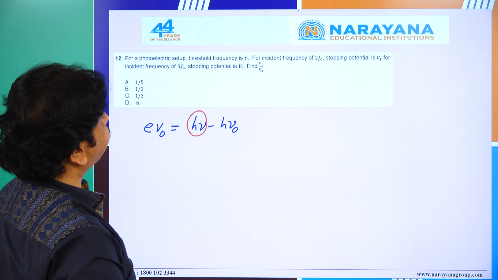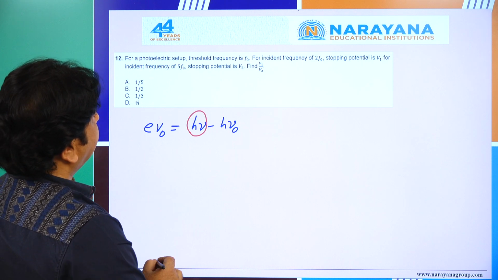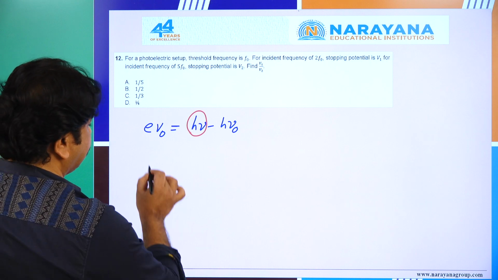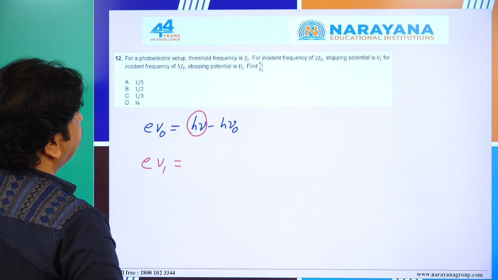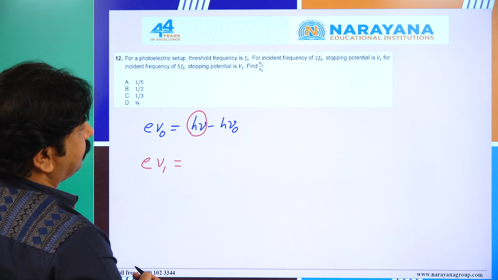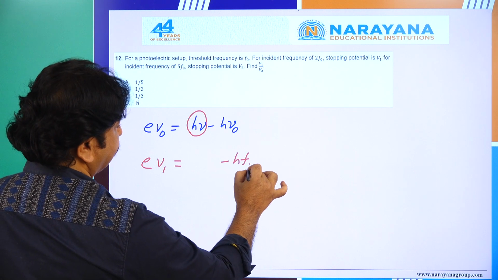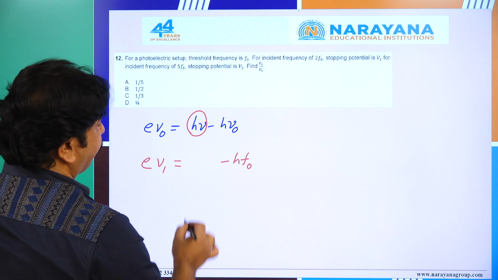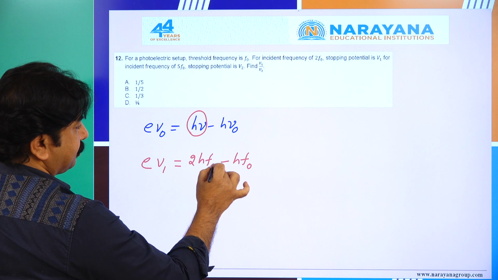eV naught, they are asking about the stopping potential. Stopping potential is V2 in the second case, V1 is the first case. So I am writing that. eV1 is equal to, in the first case, threshold frequency F0 they have given, minus hF0. But incident frequency in the first case is 2F0, so this becomes 2hF0.